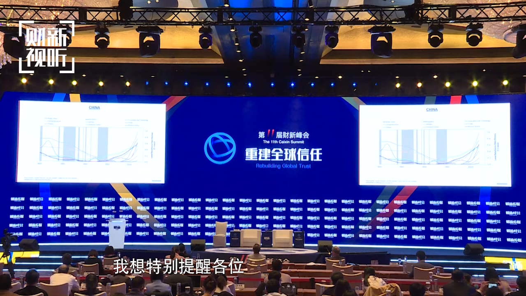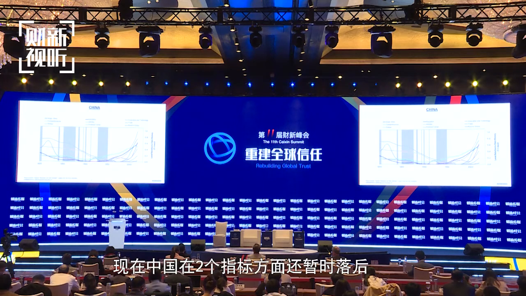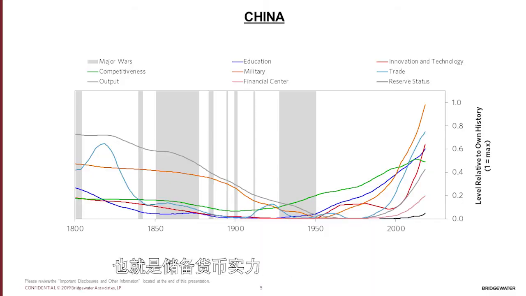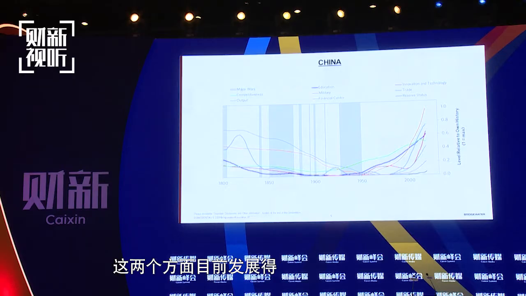I'd like to draw your attention to the 2 that are lagging the other measures of power in China. They are the power of the reserve currency and the power of the financial markets and the financial sector. Both of them have not developed as nearly as much as the other aspects of the economy.